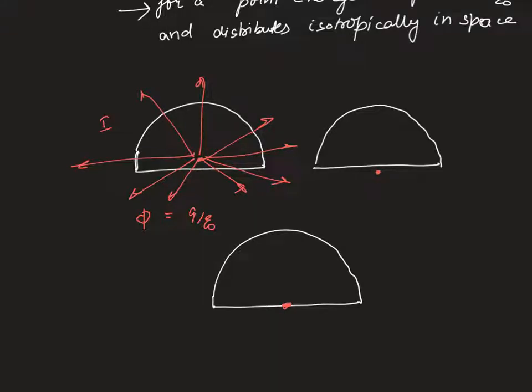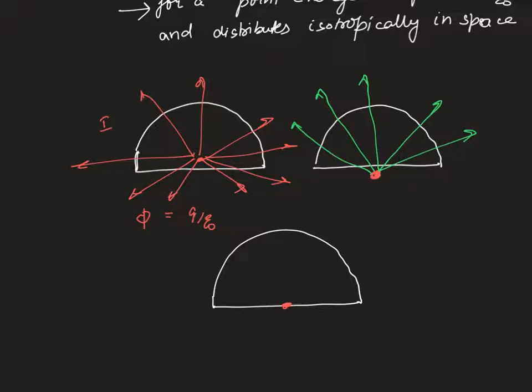Moving on to the second scenario, if the charge is outside, we will see that the field lines, I had told you before that flux can be compared to, not exactly is, but can be very easily compared to the number of field lines.